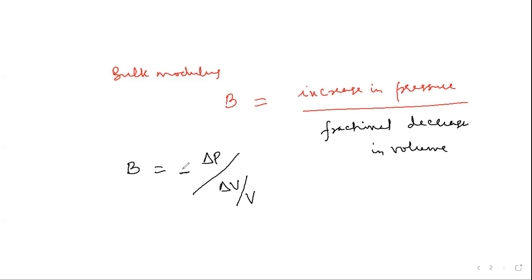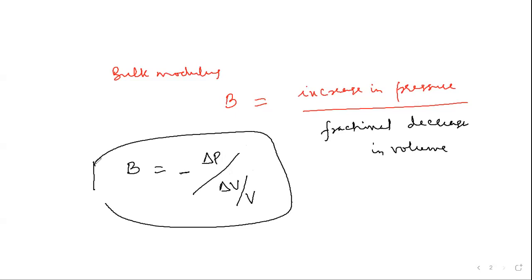Now, in this definition, we write here minus. Why? Because we know all materials decrease in volume when they are subjected to an increase in the external pressure. So this delta V by V is going to be a negative quantity. In order to make bulk modulus positive, we write here minus within this equation 1. So this minus sign in equation 1 is introduced to make B positive.